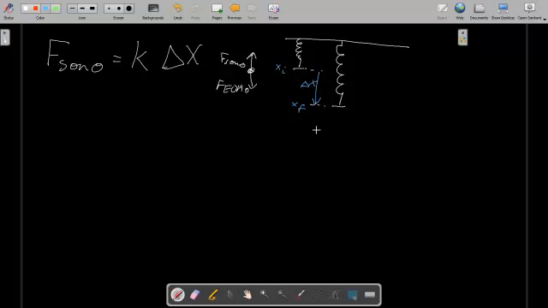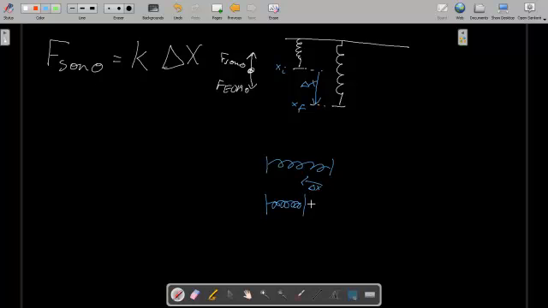Similarly, if you were to squish a spring the other way around, you would see that the force is again in the opposite direction. So let's say you had a spring that started like this, and then you squish it in this way. The displacement is this way, delta x.